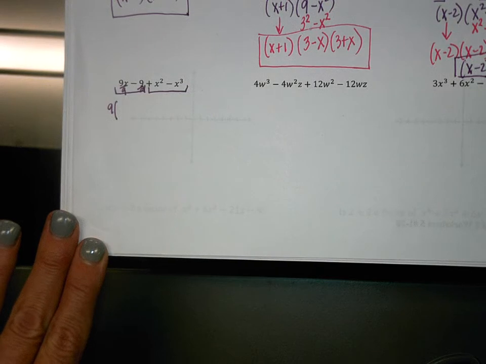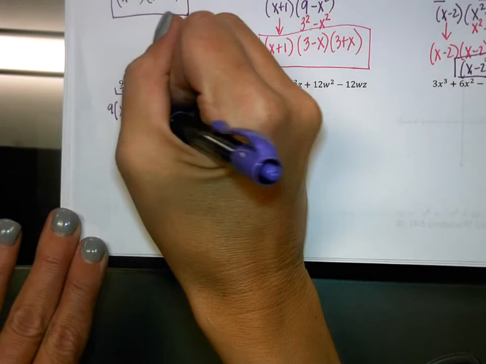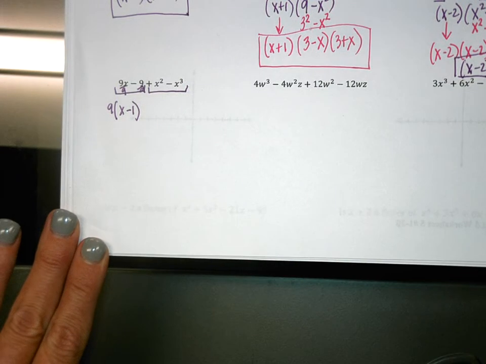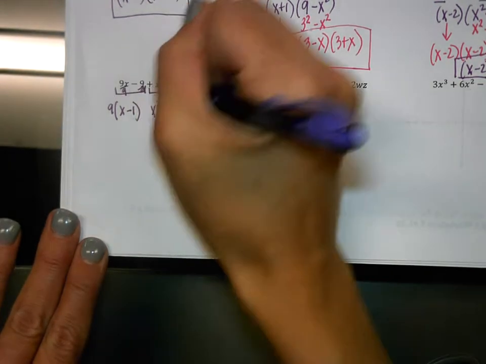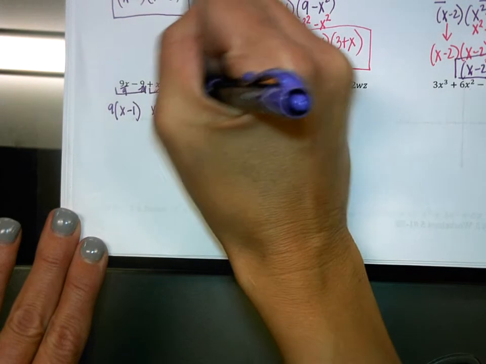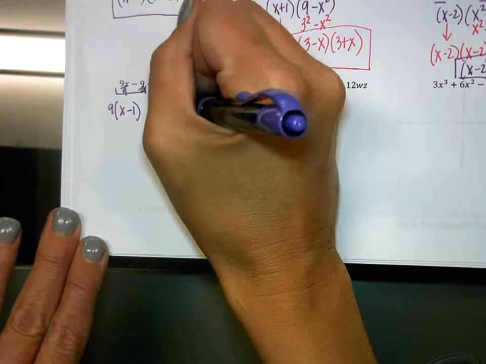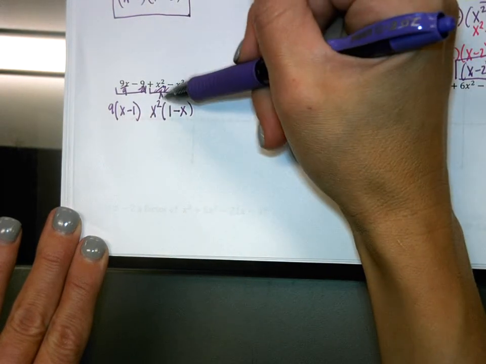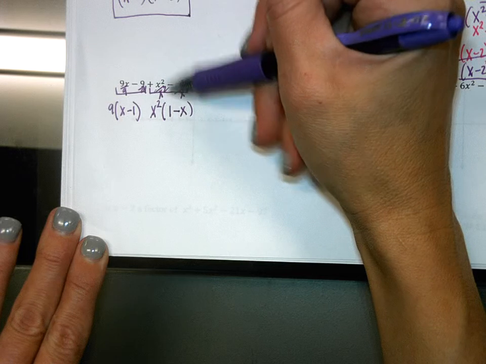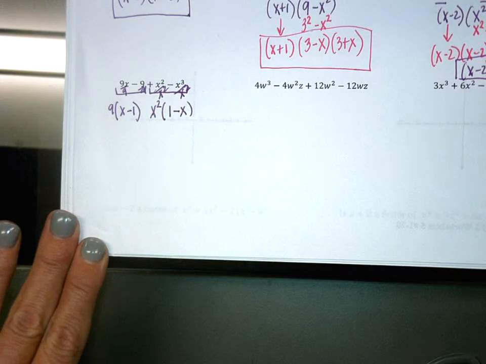And you reduce those, and what are you left with? X minus 1. What would be the GCF of the second group? X squared. And so when I divide each of these by x squared, what am I left with? 1 minus x. So remember that anytime you have 2 things that cancel out, x squared and x squared, that makes a 1.